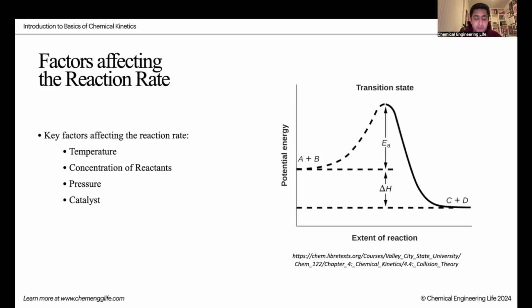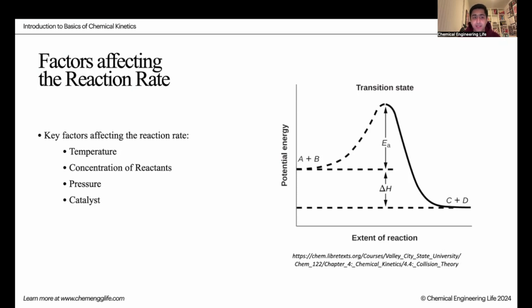But these three factors directly affect the collision theory. We have another variable, and that was the activation energy. So instead of increasing the probability of collision or providing more energy to the particles to reach the activation energy stage, we can make use of something called a catalyst.